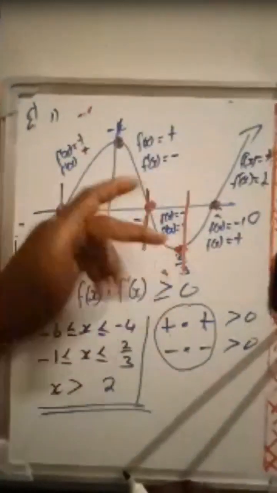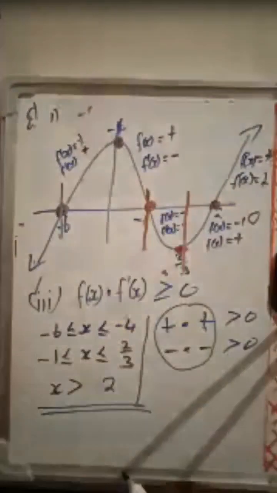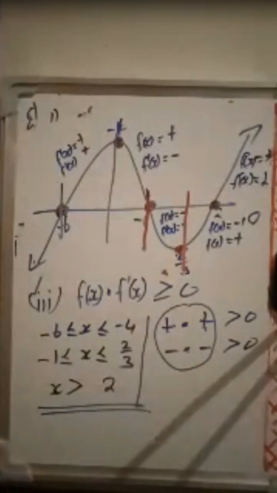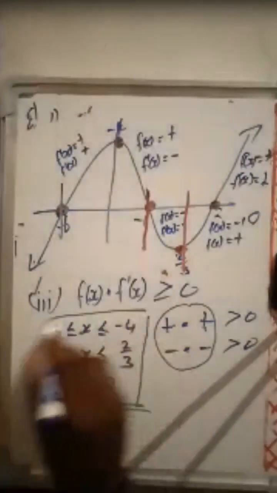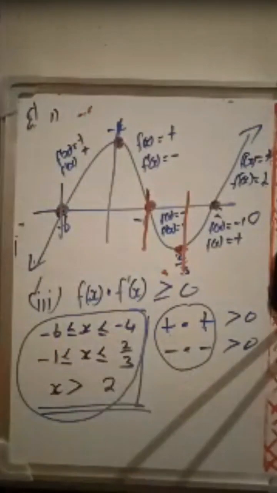A positive. So this one we take it. Then positive times negative gives us negative. Then positive and positive gives us what? Positive. So that is how we interpret it. So the solution, I am going to circle it. These are the solutions. So eventually, guys, that is our solutions.